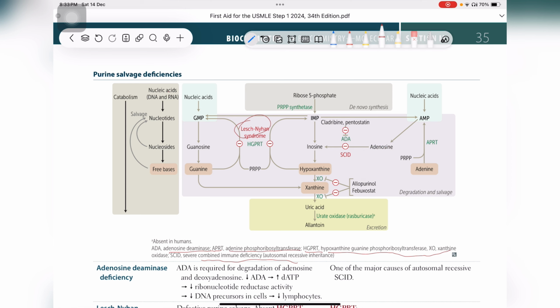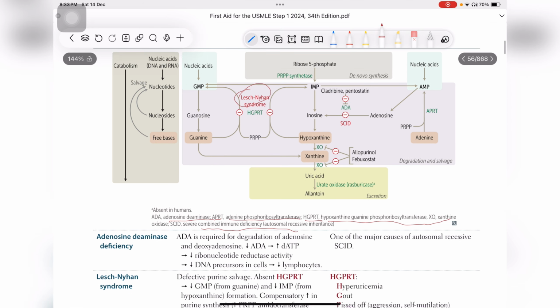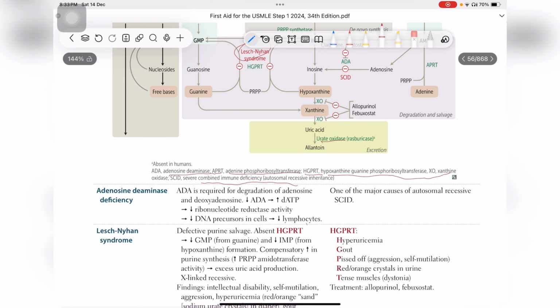You have cladribine and pentostatin, which inhibit adenosine deaminase, and you have urate oxidase. This has a separate story. Urate oxidase is generally found in birds. They convert uric acid by forming this urate oxidase.